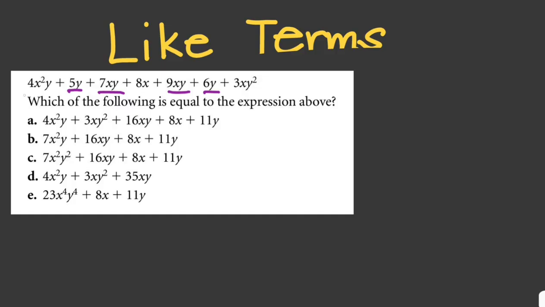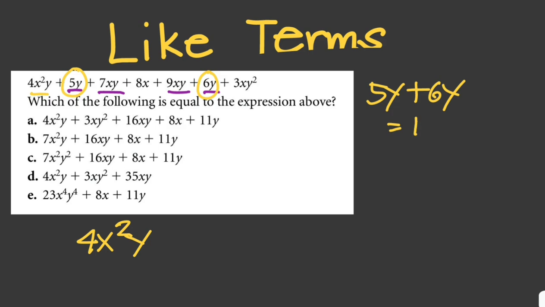We can just copy this one, 4x squared y. Then we combine 5y and 6y, so we add them up. 5y plus 6y is 11y.